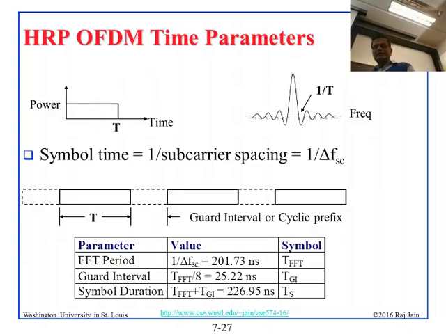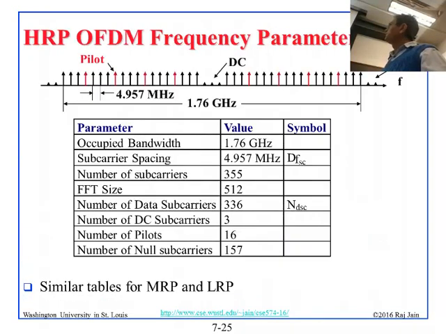So this slide, which we have somewhat finished, says that there is a relationship between time domain and frequency domain: whatever you selected as the frequency spacing becomes the symbol duration, and basically the FFT period.